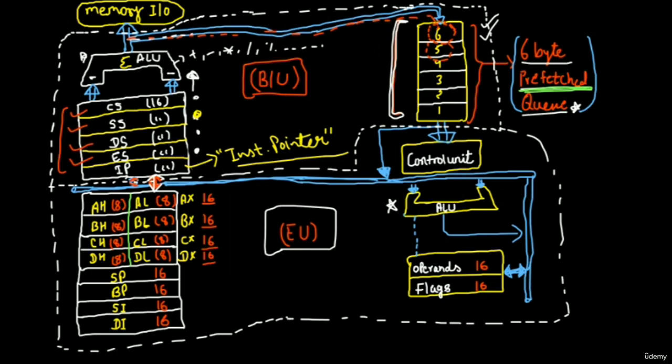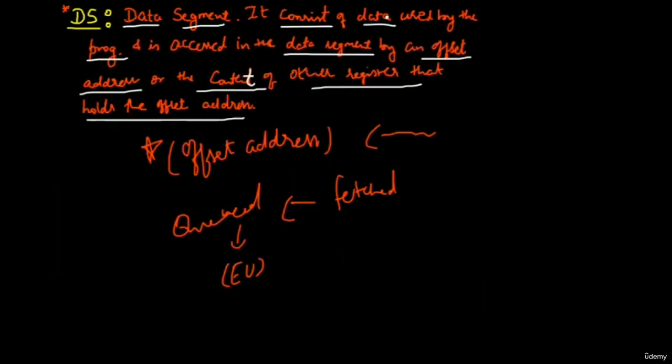Okay, so what we are left with in our row, the last one in the row, is ES. So what is ES? Let's see. E for extra. This is the extra segment. So whichever extra thing you are having, you can have it here.